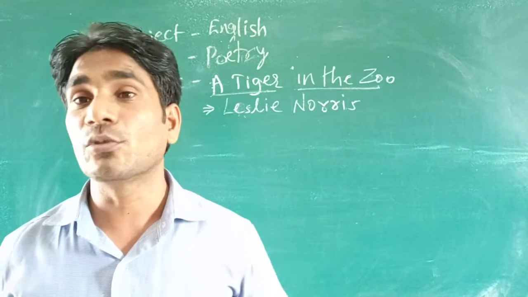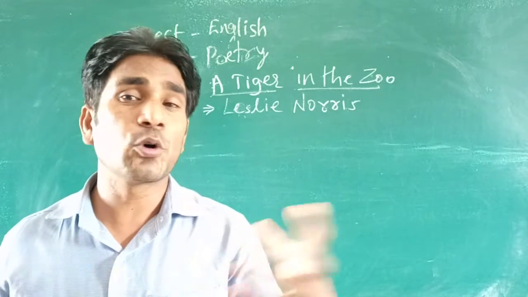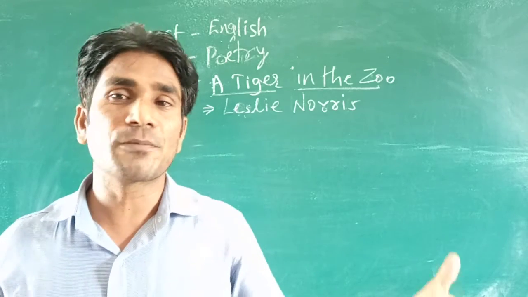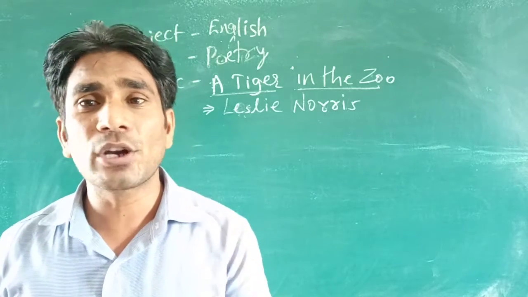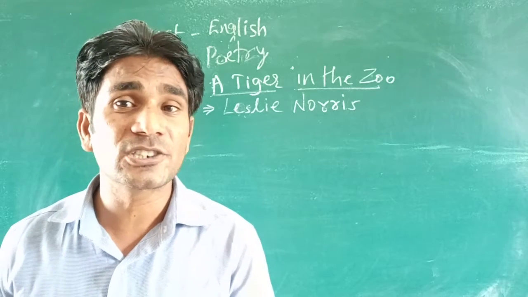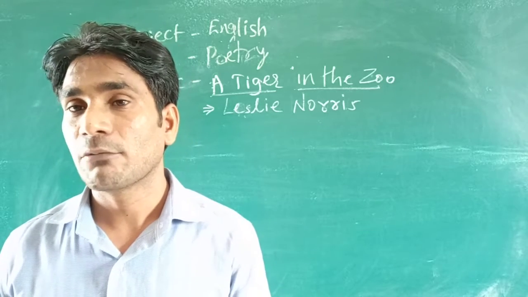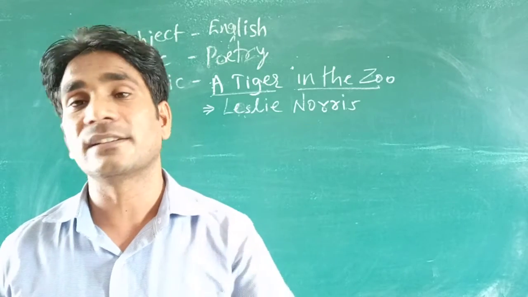But it is not good, and here the poet objects. Here there is no use of his strength, no use of his brilliant eyes. He could do nothing. Even he could not have sound sleep. What a pitiful condition of the caged tiger.